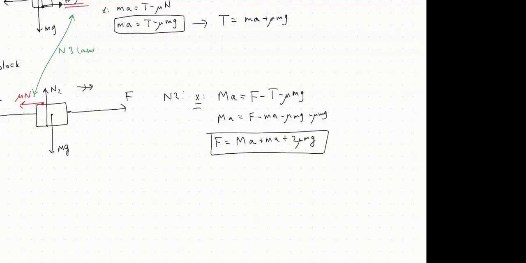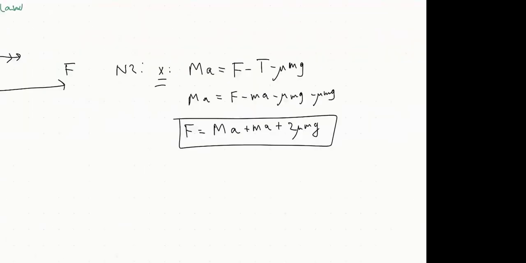Excellent. And now I just substitute because I know everything. F is going to be 2 multiplied by g over 2, because we know a is g over 2, plus m, which is 1 kilogram, multiplied by g over 2, plus 2 times 1/2 times 1 times g.